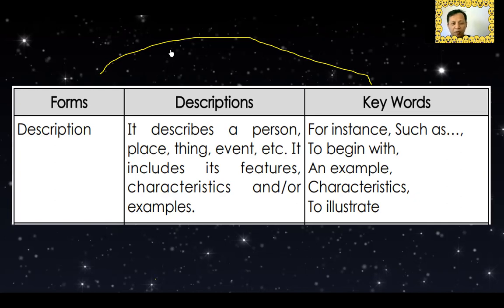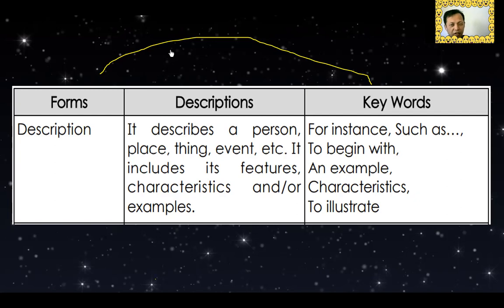Some of the vegetables, such as carrots, potatoes, and cassava tops, are root crops. Another example, "to begin with": to begin with, one should have a talent in singing before he could present performances in public.